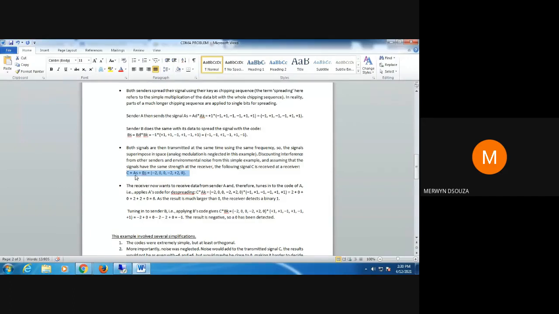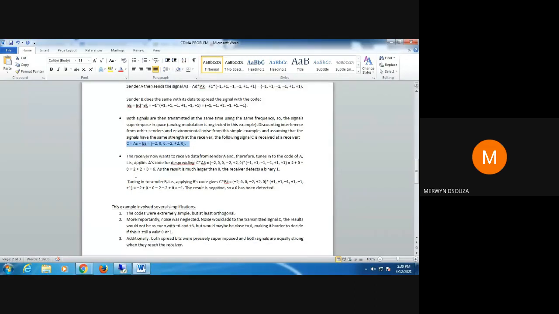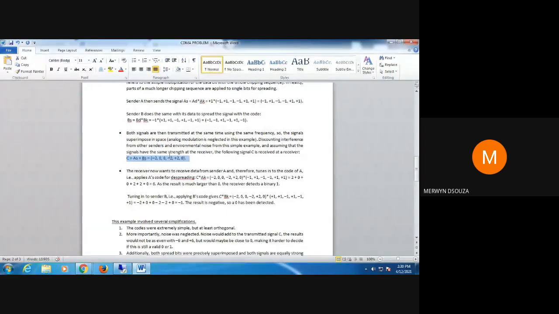But you know that some station could be closer to the receiver than the other. Station A could be closer, or station B could be closer, so the strength of the signal that reaches the receiver could have been different. But in this problem we assume that the strength of the signals is the same.